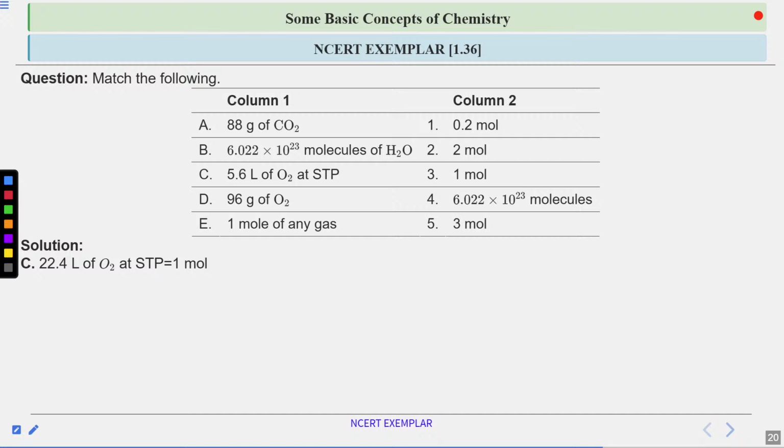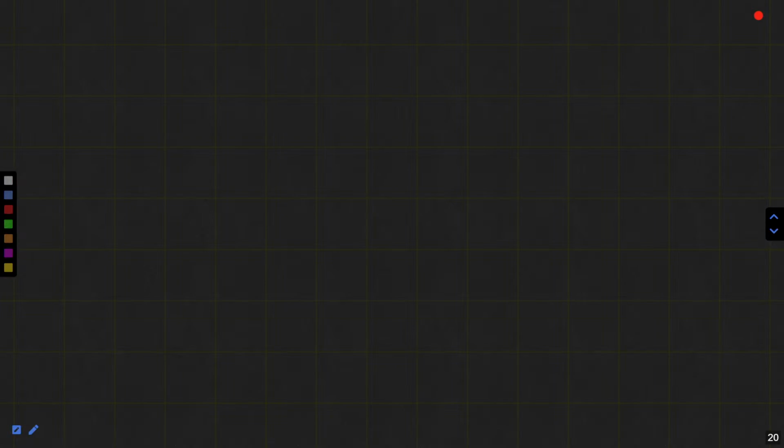Okay, let's see how we can get this 22.4 liters. I have explained it already. When we say STP, it means that we are taking standard temperature and pressure.